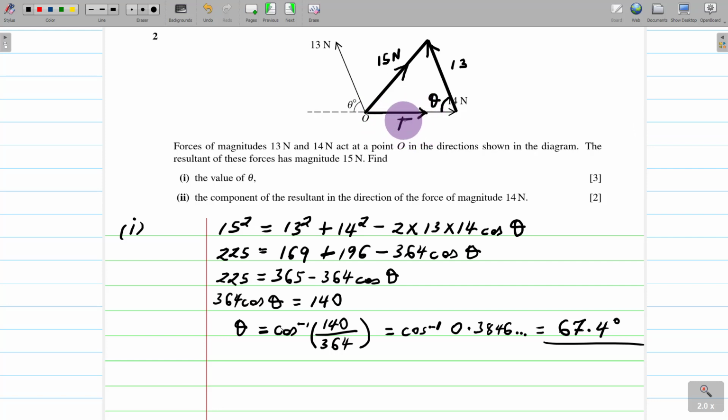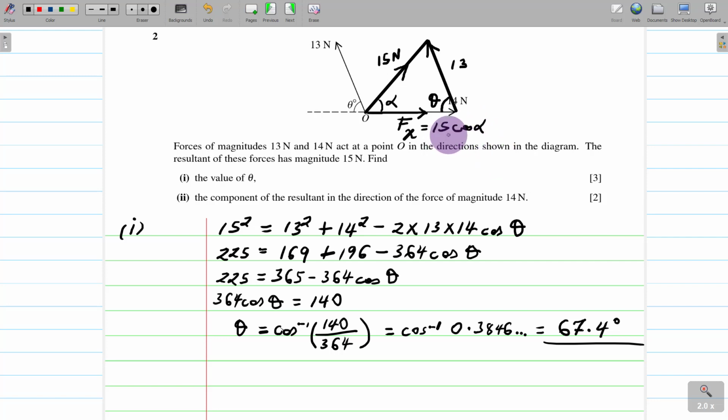So, in order to get this component which is horizontally to the right, which we can call the component in the x direction, Fx, all we need to do is find this angle. Let's call it alpha. And then we are going to do 15 cos alpha.